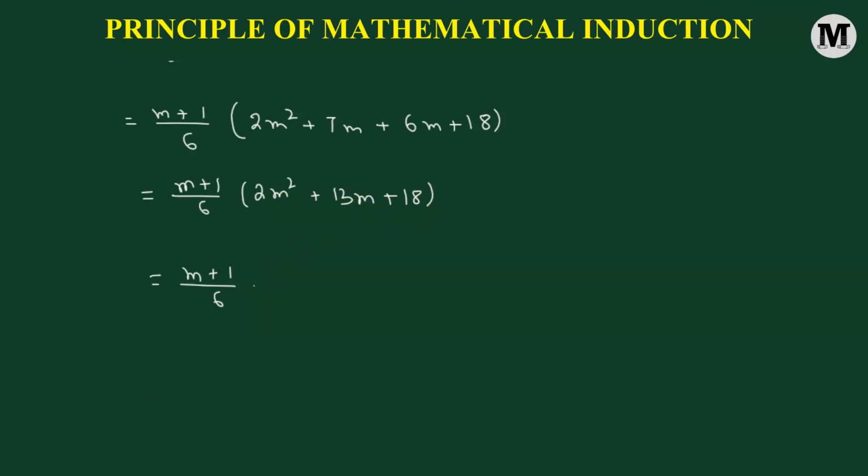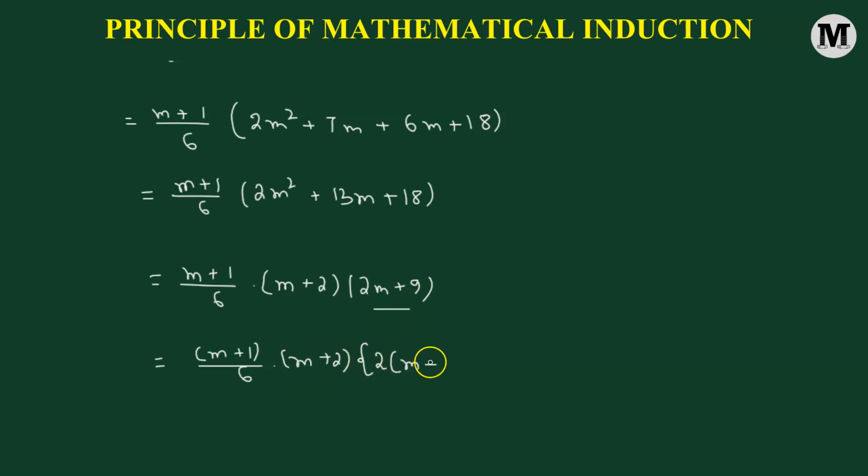Now we have m plus 1 over 6 multiplied to 2m squared plus 13m plus 18, and we need to factorize this. That's going to give us m plus 2 multiplied to 2 times m plus 9. So that's going to be equal to m plus 1 over 6 multiplied to m plus 2. We're going to rewrite 2 times m plus 9 as 2 multiplied to m plus 1 added to 7.